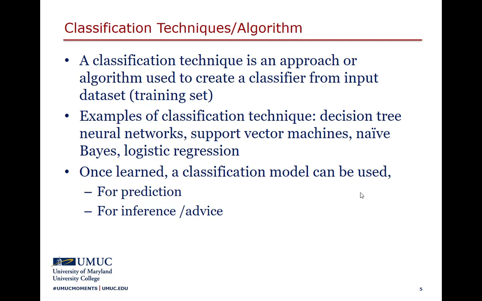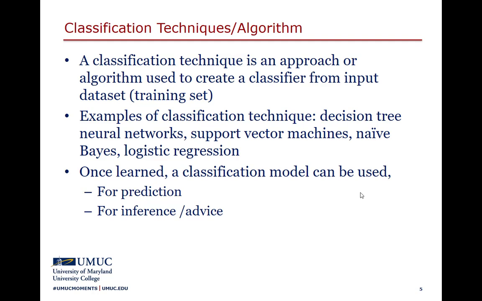So examples of commonly used classification learning algorithms are decision trees. Although a variant of decision trees that combines multiple decision trees is the most commonly used one in production environments, that involves gradient boosting or random forest types of learning, which we will not cover in this course, but you will learn it in the next course, Data 630.